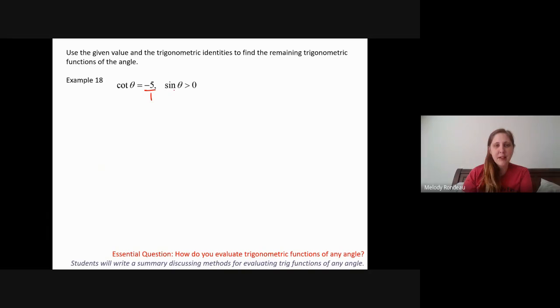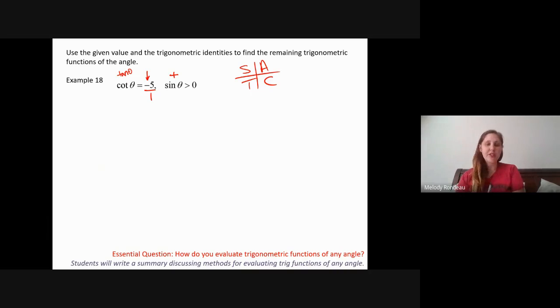And then I see that I have sine theta is greater than 0. From our previous lesson, if we're saying greater than 0, we mean positive. So I have cotangent is negative, or remember that's the same as saying tangent's negative, and sine is positive. So I'm going to go to good old all students take calculus. I need sine to be positive and tangent to be negative.